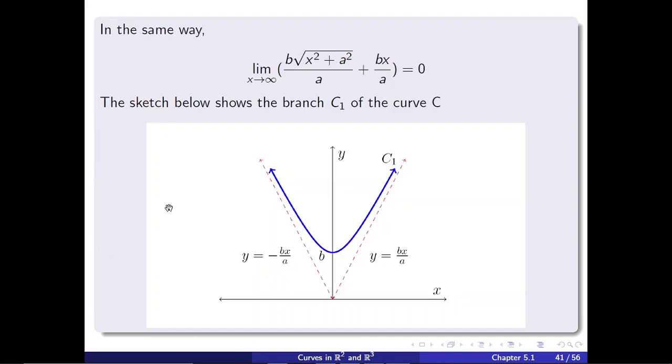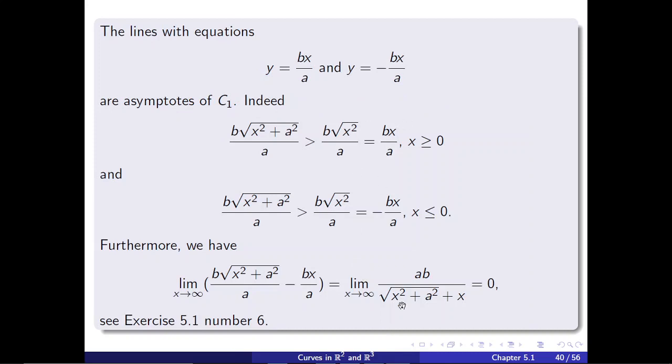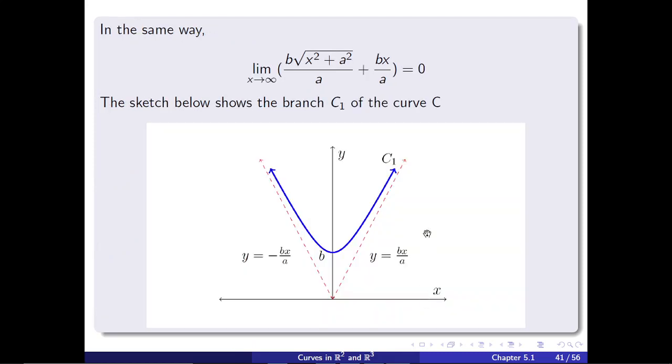In the same way, the limit as x tends to infinity of that plus that is equal to 0. So therefore we can then sketch the branch C1 of the curve, and these are the asymptotes. We have shown this by finding the limits.